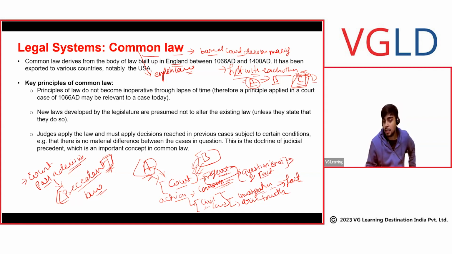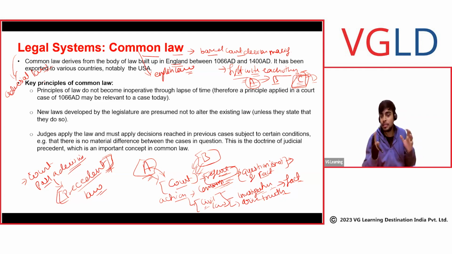And I'm not sure how many of you have heard, the common law is also known as adversarial law. The practice of common law is that whatever the court decision is, that will be the law.